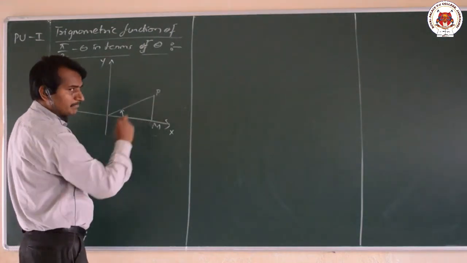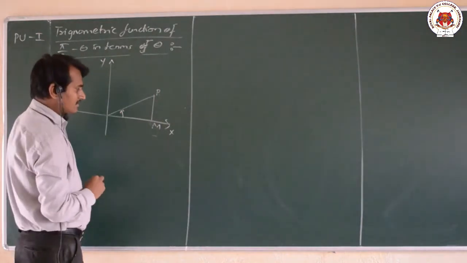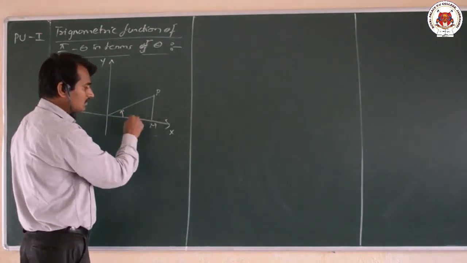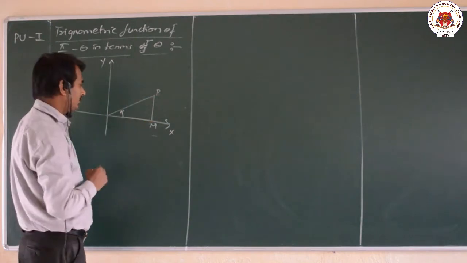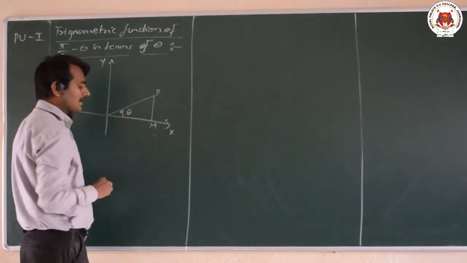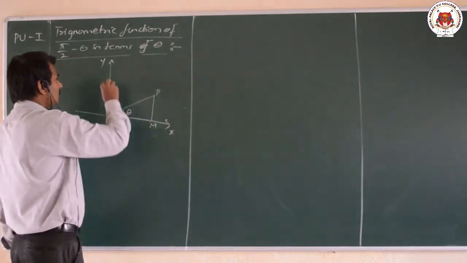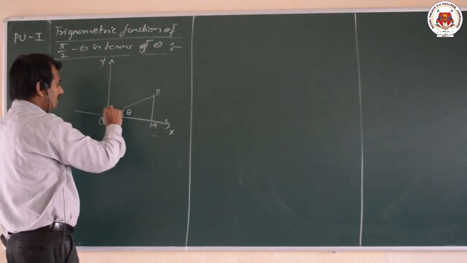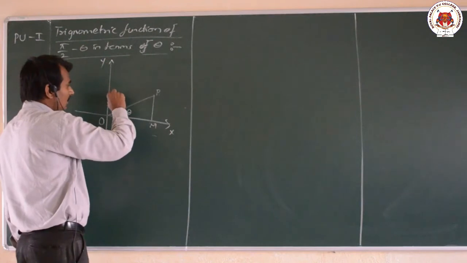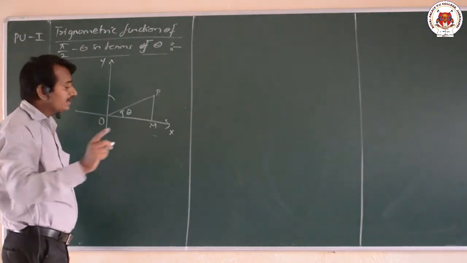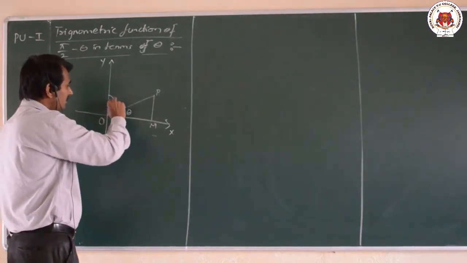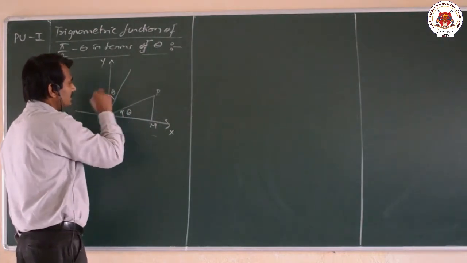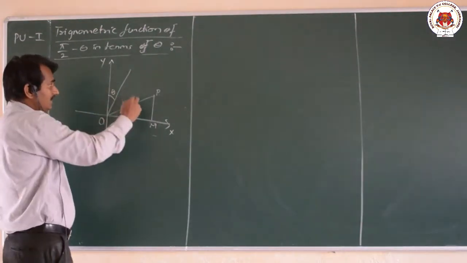I will draw a perpendicular from the point P to the x axis, and it is nothing but our angle theta. Now, from the y axis OY, pay attention here, I will take the angle theta in the clockwise direction.